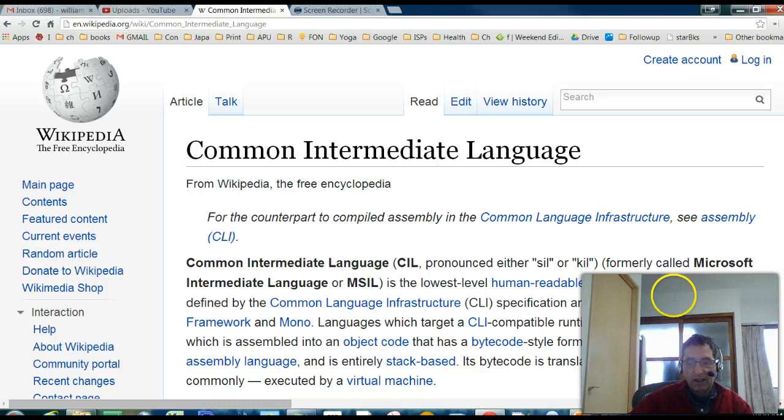So we're using the .NET framework because we're using Visual Basic.NET. Languages which target a CLI compatible runtime environment compile to CIL. Okay, so you can look this up for more details. We're not going to really concentrate on that.